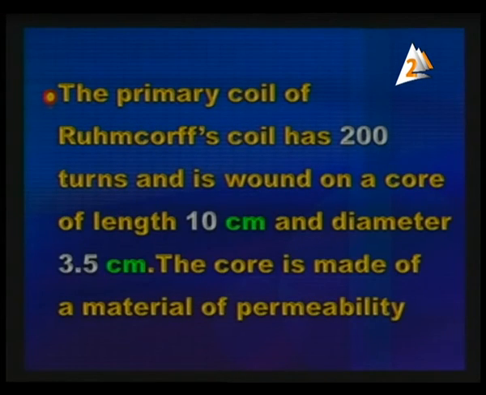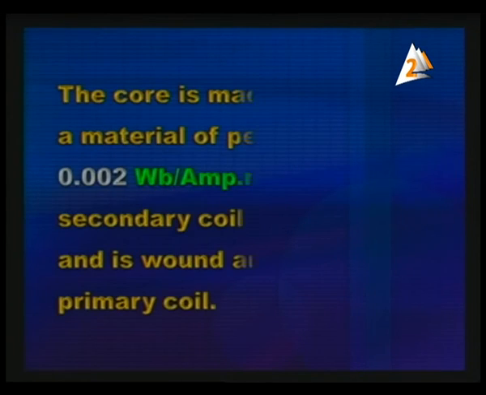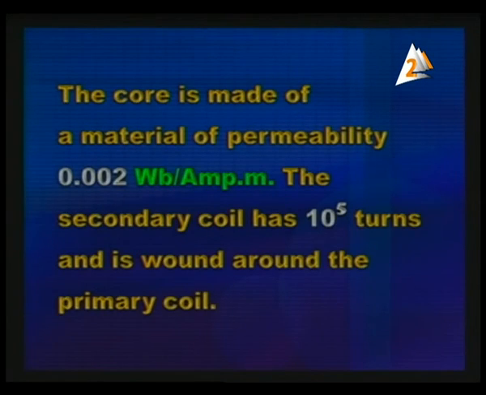The primary coil of a Ruhmkorff coil has 200 turns and is wound on a core of length 10 centimeter and diameter 3.5 centimeter. The core is made of a material of permeability 0.002 Weber per ampere meter.